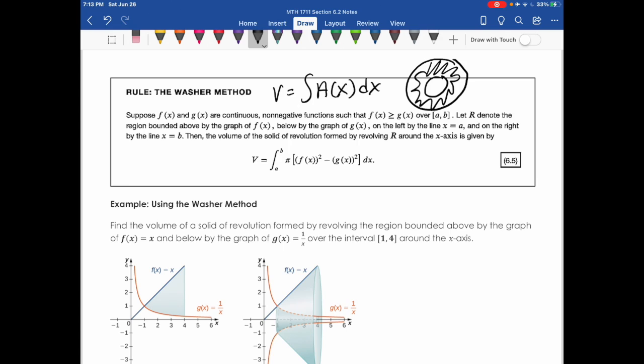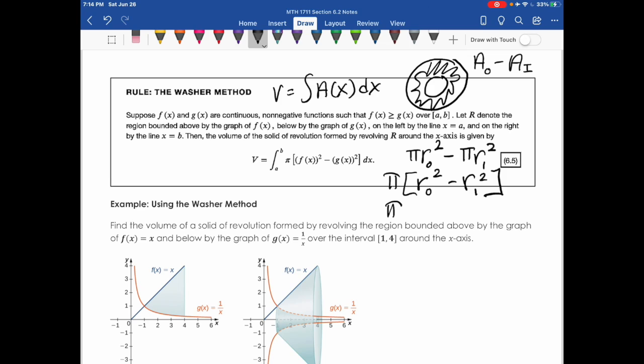However, that area is going to be defined slightly differently now because it's the difference between two circles. For a washer, this area is the area of the outer circle, I'll label it AO, minus the area of the inner circle, I'll label that AI. The outer circle has one radius, and the inner circle has a different radius.